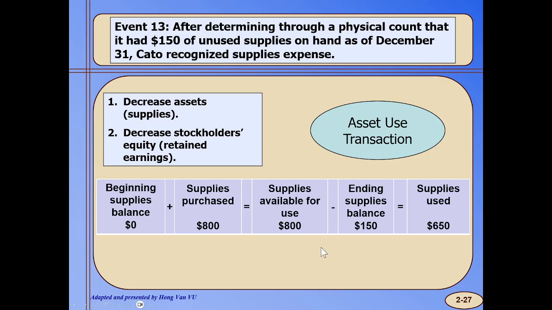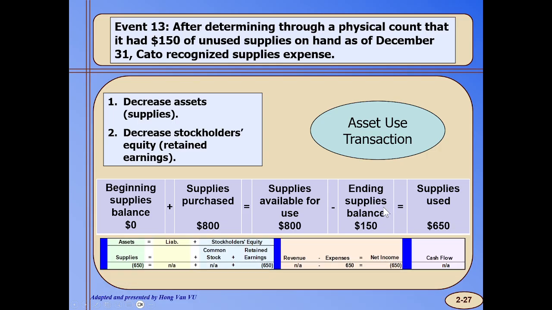To calculate the quantity of the supply used, add together the beginning supply balance and the supply purchase to determine the supply available for use, then subtract the supply ending, and you have the supply used.